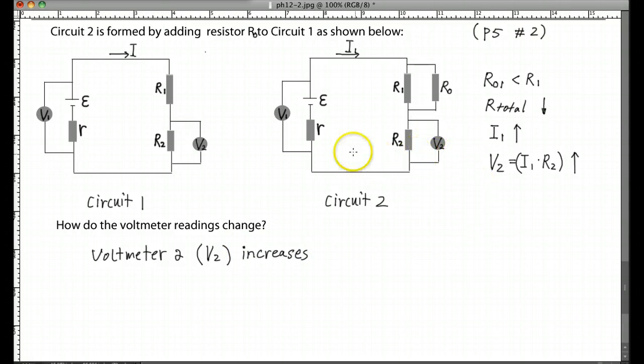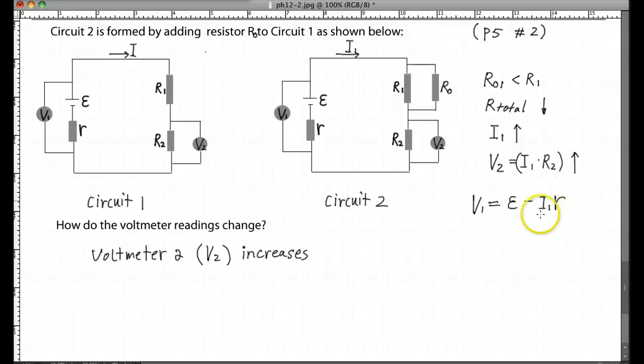Okay, now let's figure out the V1. As we learned about the terminal voltage, V1 is the terminal voltage across the battery here. It equals the EMF minus I1 r. And if you compare it to circuit 1, it's the same formula, but the I is different.